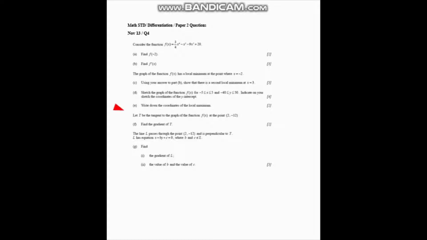Let t be the tangent to the graph of the function at the point 2, negative 12. Find the gradient of t. So I just want the gradient when x equals 2, and I use the GDC.